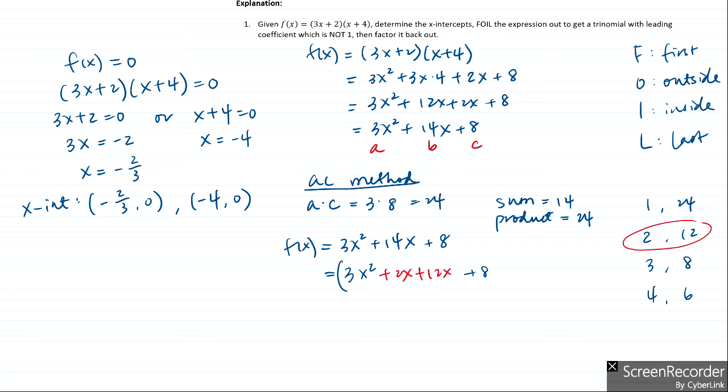The first 2 terms will go together, the last 2 terms will go together. And just to not have to worry about the sign changing at all, here I have a positive 12x, so I'm just going to put this all together in the second group. But remember, these terms are connected by addition, so I'm going to put a plus sign in the middle.